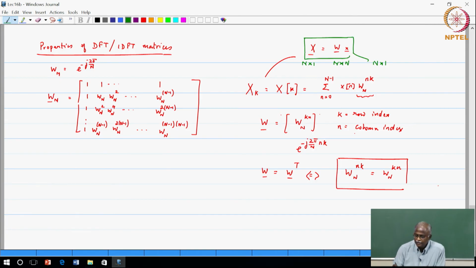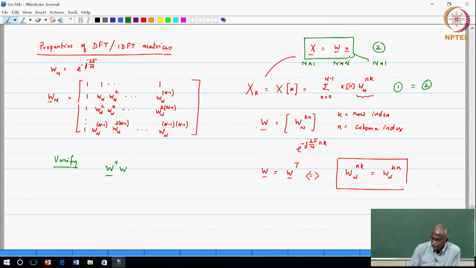So, this and this are identical. So, equation 1 and 2 are identical, right. One is writing it in matrix form, the other one is expressing it as a summation. Okay. So, given this result, I am sure you can verify the following result: W dagger, that means transpose conjugate, basically multiply the conjugate.